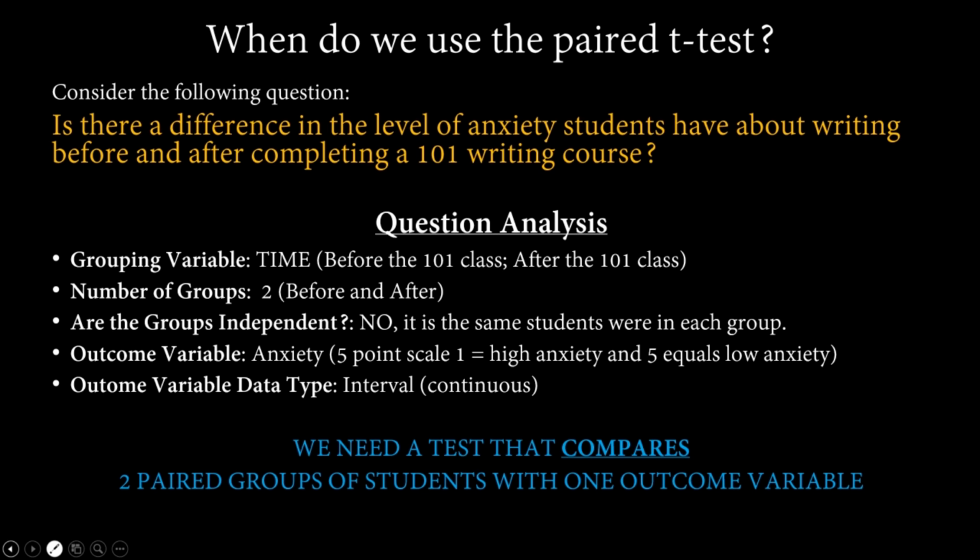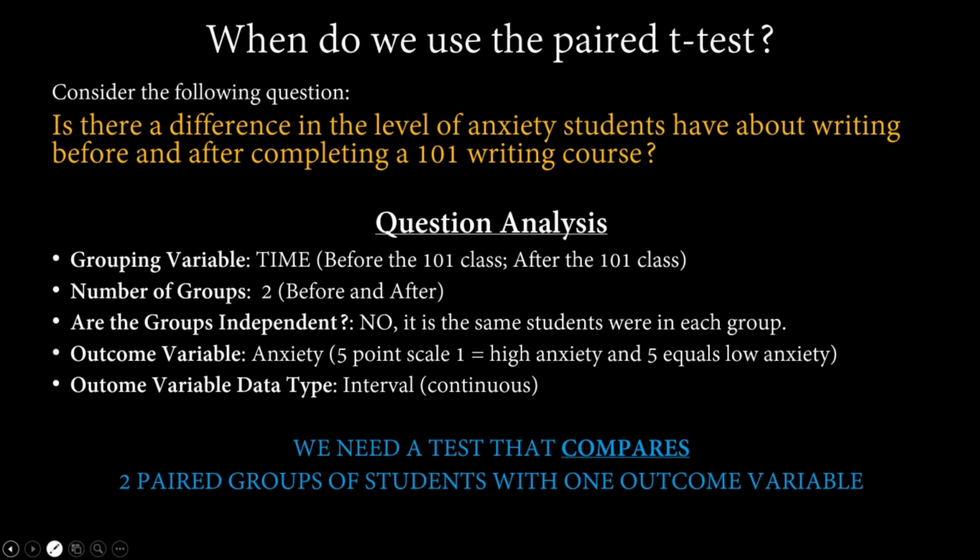Are the groups independent? Remember, this is the question. If they are independent, we would use an independent t-test. If they're not independent, if they're paired or it's a repeated measures, we would have to use a paired t-test.